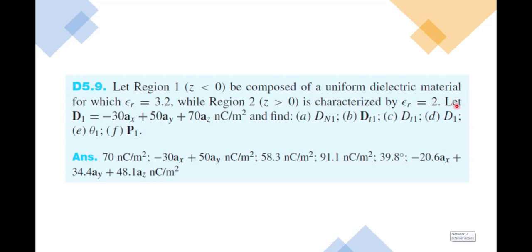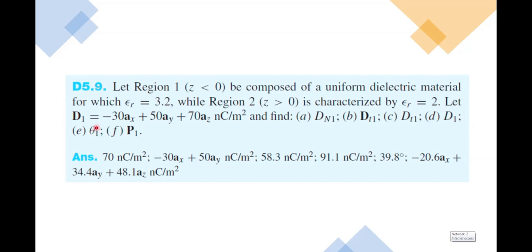In this problem we are given the D1 field. We are asked to find the normal component of this field, the tangential component of this field, the magnitude of the tangential component of this field, the magnitude of D1, and theta 1.